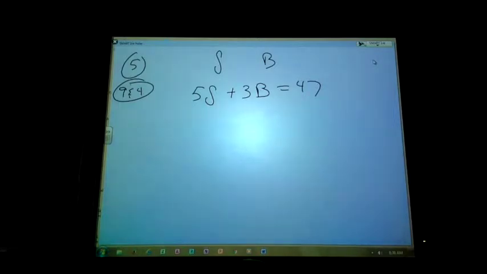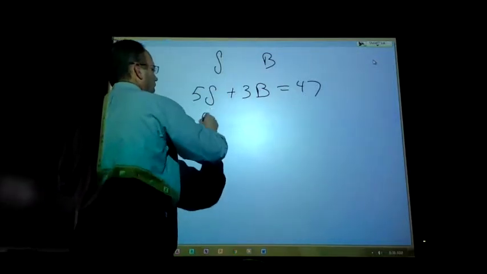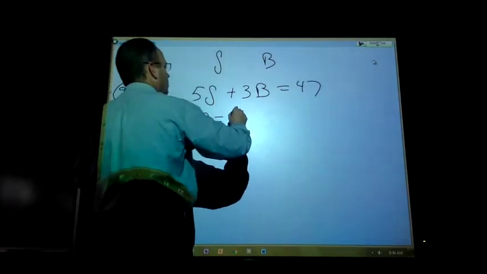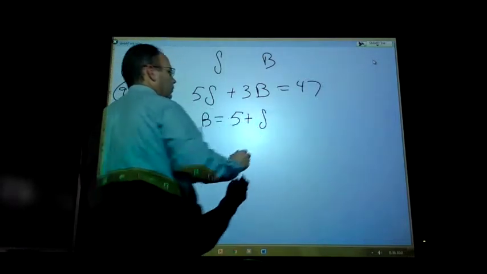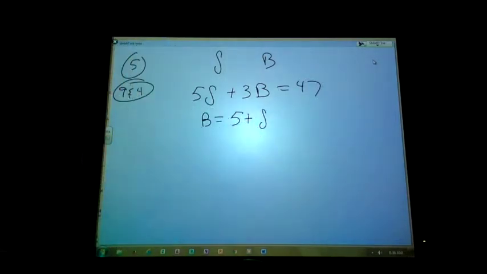Okay, I agree. But if one number is 5 more than the other, then my bigger number is equal to 5 more than the smaller number, because if I add 5 to something, it's going to be a larger number, correct?